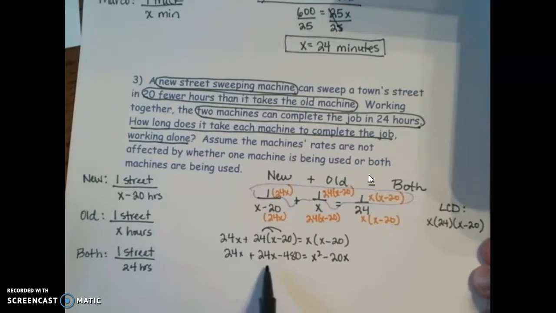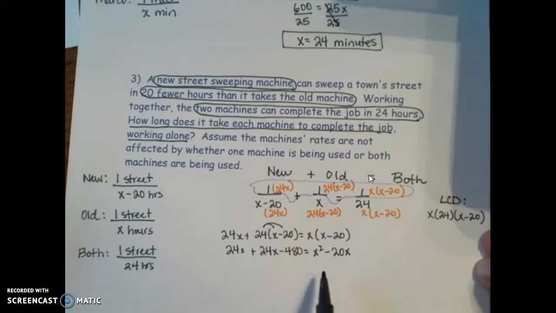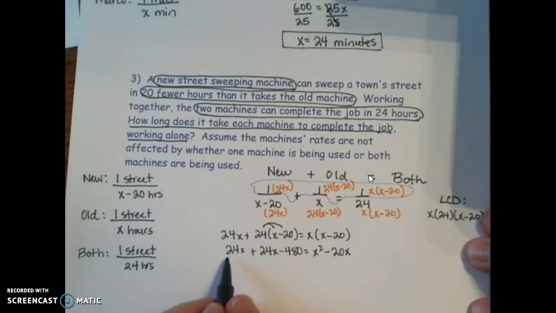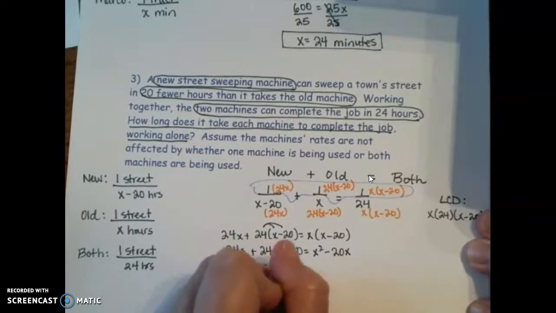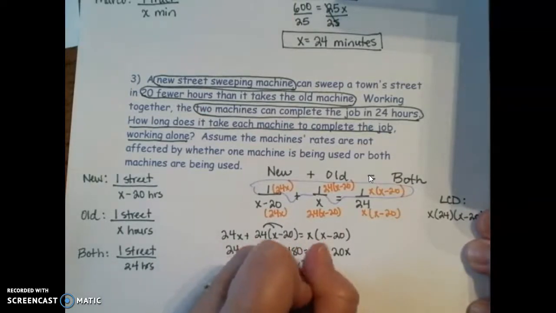Okay, so I recognize that this is a quadratic, so I'm going to set my quadratic equal to 0, and I'm going to do that by subtracting everything over. This is going to become 48x minus 480 equals x squared.